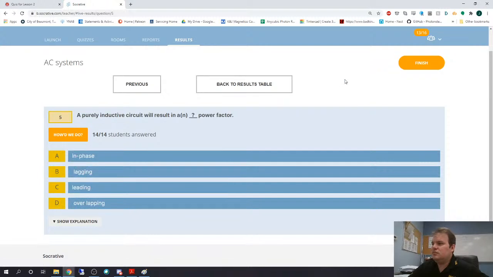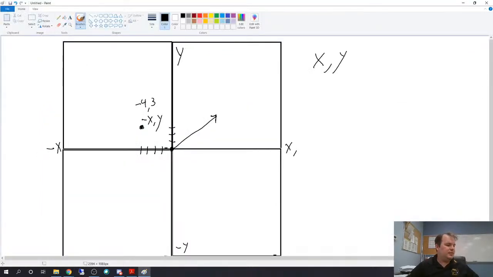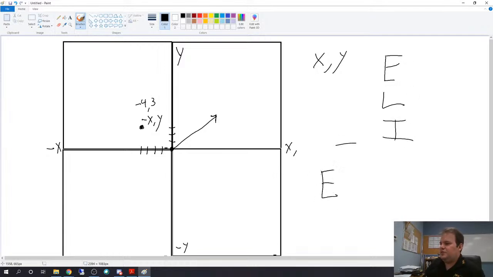And then finally, a purely inductive circuit will result in a lagging power factor. So Eli the Iceman, let's open this up. So a purely inductive circuit will be Eli. Voltage, or I guess it might be easier to see E-L-I.